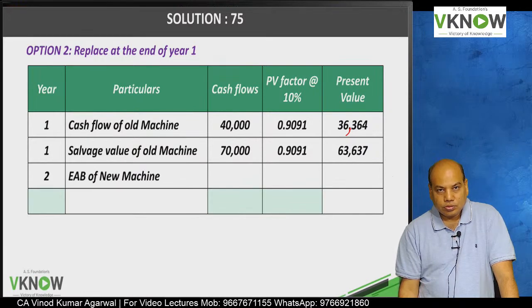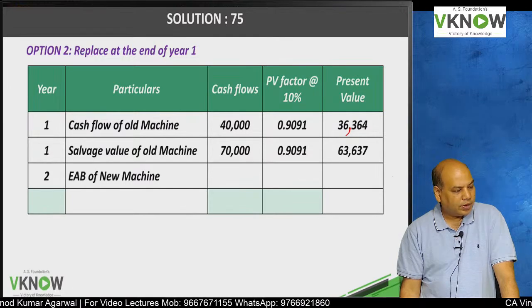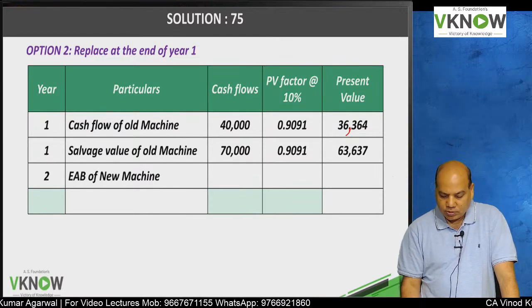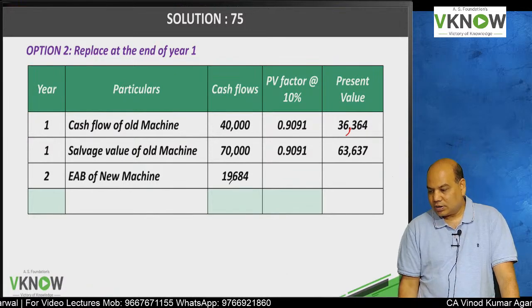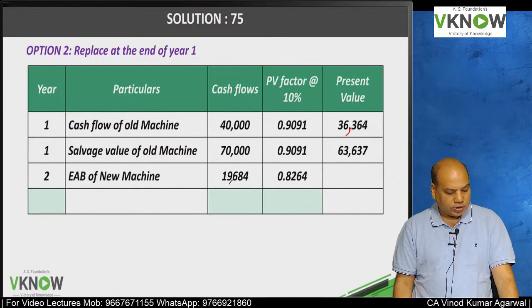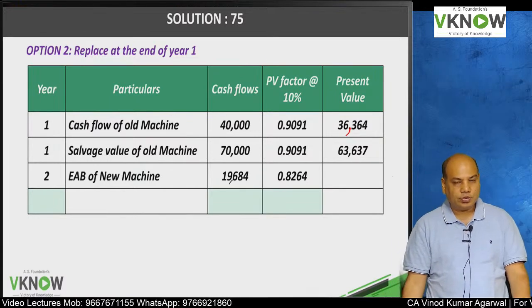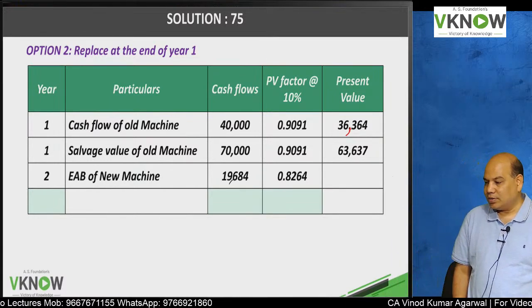Now next is year 2. Now you start using the new asset, EAB of the new machine, 19684, factor 0.8264. Can you please multiply?